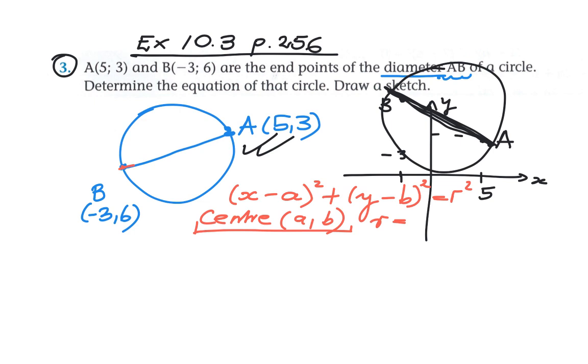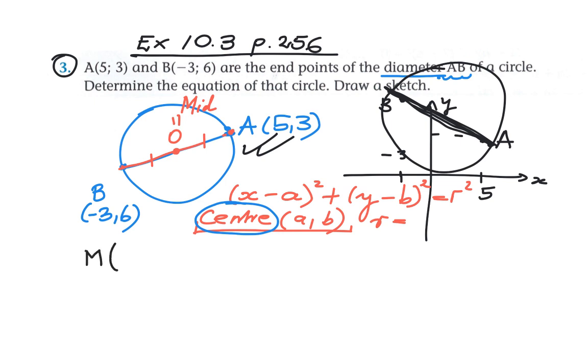We are given a diameter, which means that the center of the circle will lie on this diameter. Furthermore, this center of the circle is nothing else but the midpoint of my diameter, which means that I can find the coordinates of the center by using the midpoint formula.